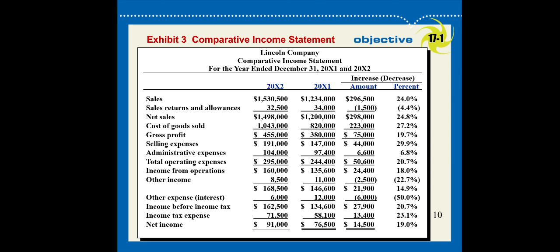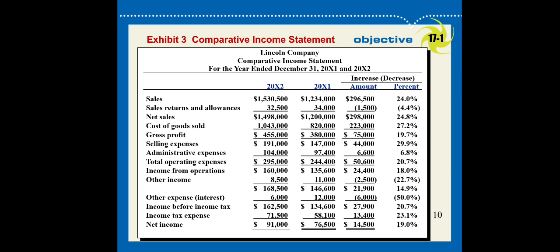After that, you have to prepare column number 4 and number 5. You have to show the amount of increment or decrement, and also the percentages of the increment or decrement.